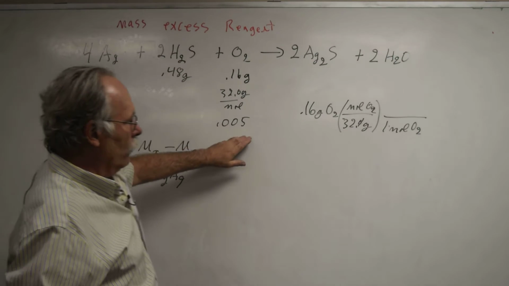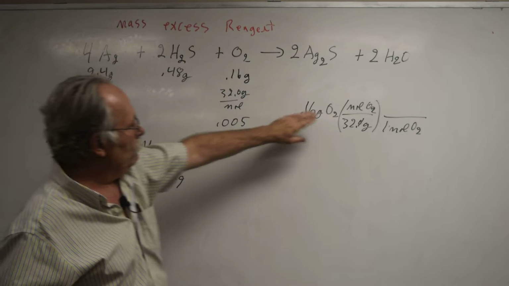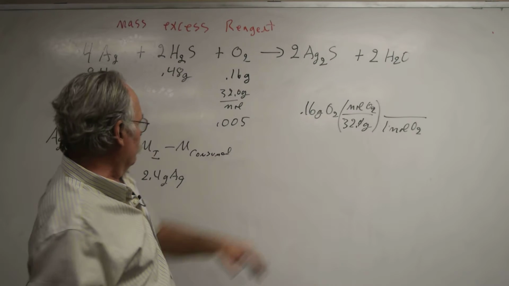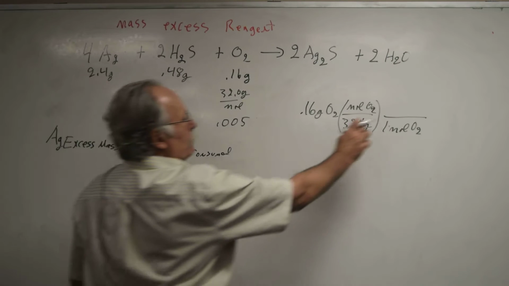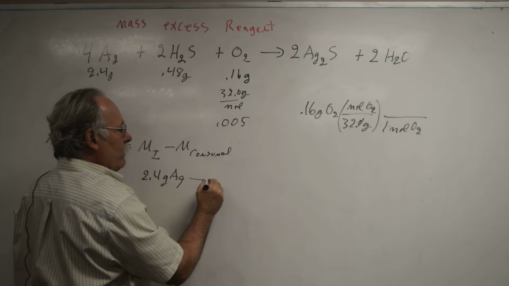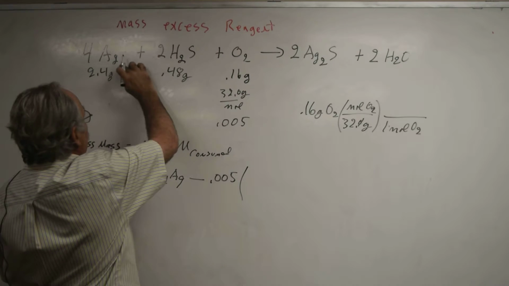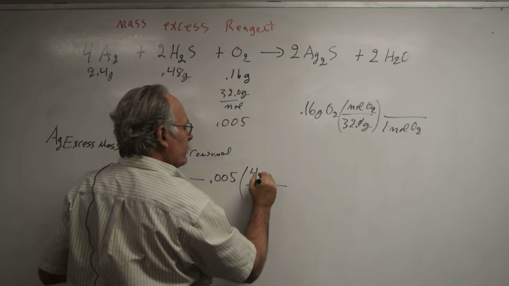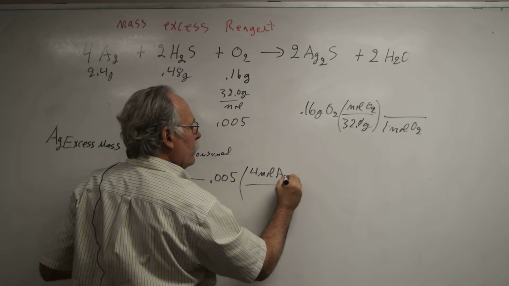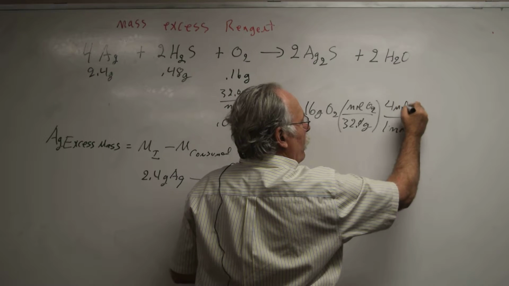Now I want to know how much silver was consumed when 0.16 grams of this was used. So I can now simply multiply, but this number is the 0.005. So I subtract 0.005 times 4, because 4 moles of silver are consumed, which would be 4 moles of silver here.